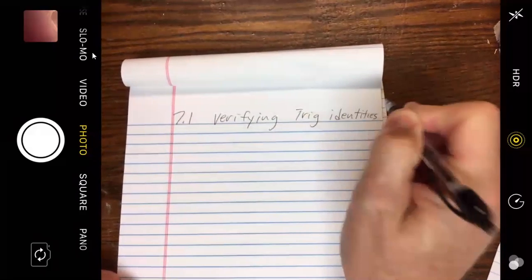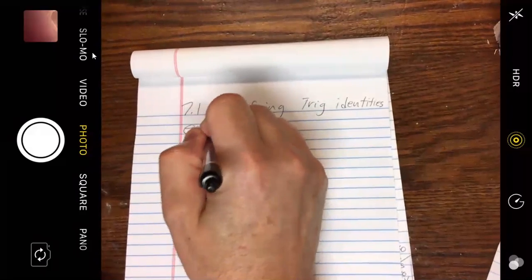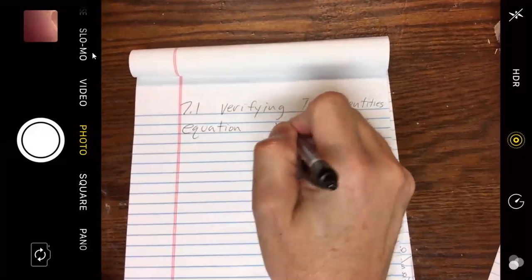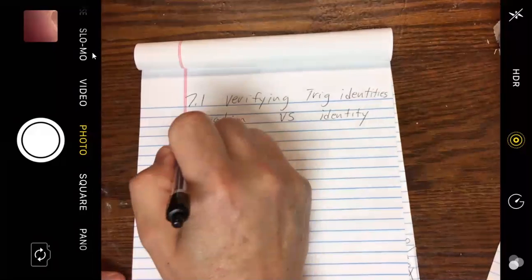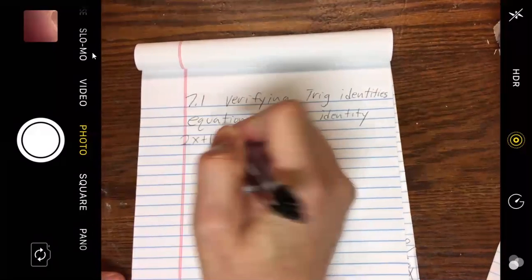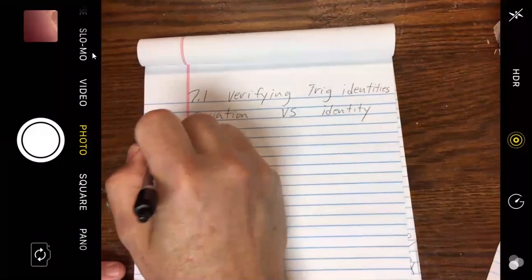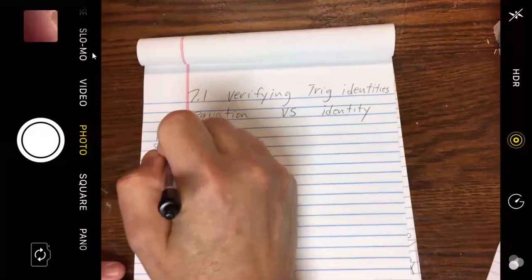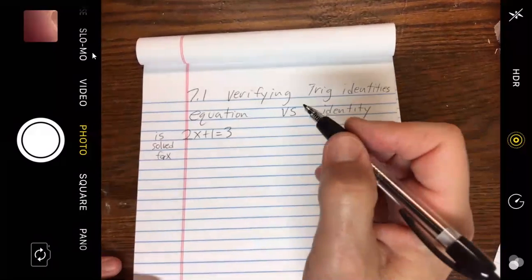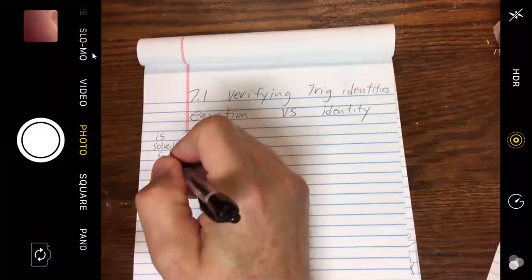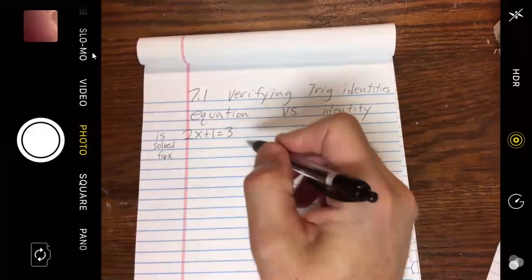All right, we will make the difference between an equation versus an identity. An equation like 2x plus 1 equals 3 is solved for x, and there's one number answer, or if it's x squared, a two number answer, x cubed, a three number answer.